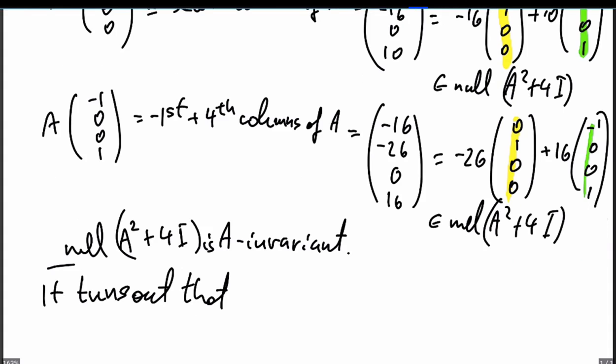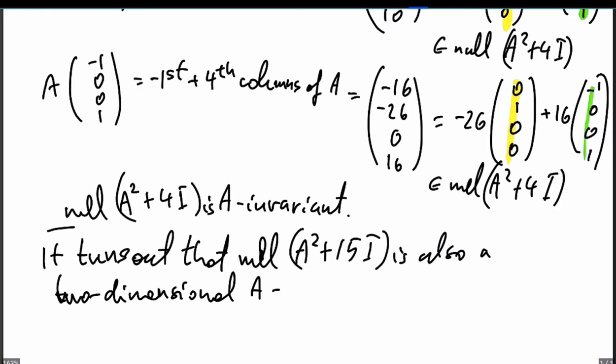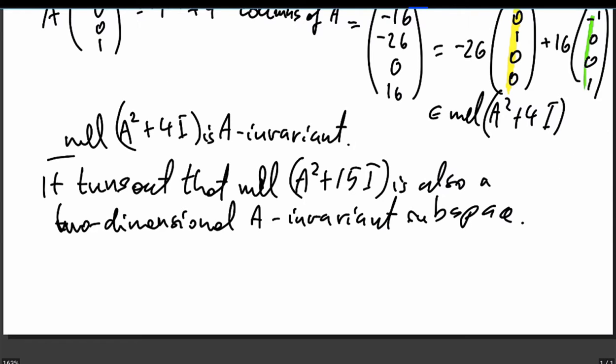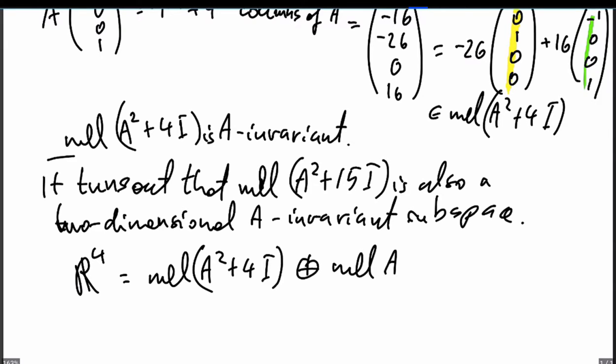It turns out that the null space of A squared plus 15I is also a two-dimensional A invariant subspace. So what we have is actually that R to the 4 can be written as the null space of A squared plus 4I direct sum with the null space of A squared plus 15I.